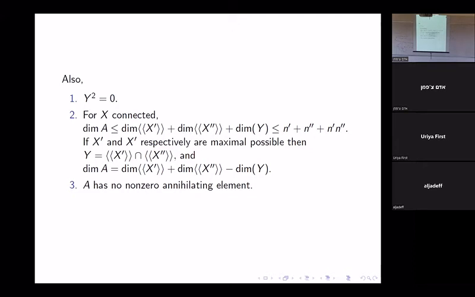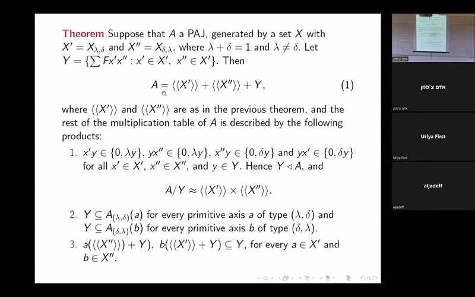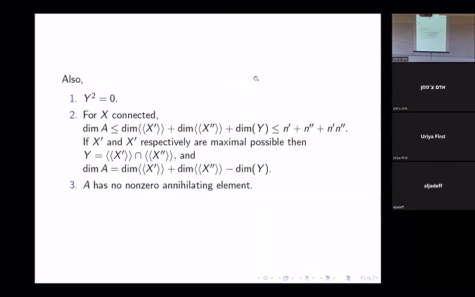Okay. So we have in this theorem that we take the axes of type lambda delta and the axes of type delta lambda. They are of complementary type, and the products we call Y. And I said Y is the radical, the algebraic radical of the algebra.